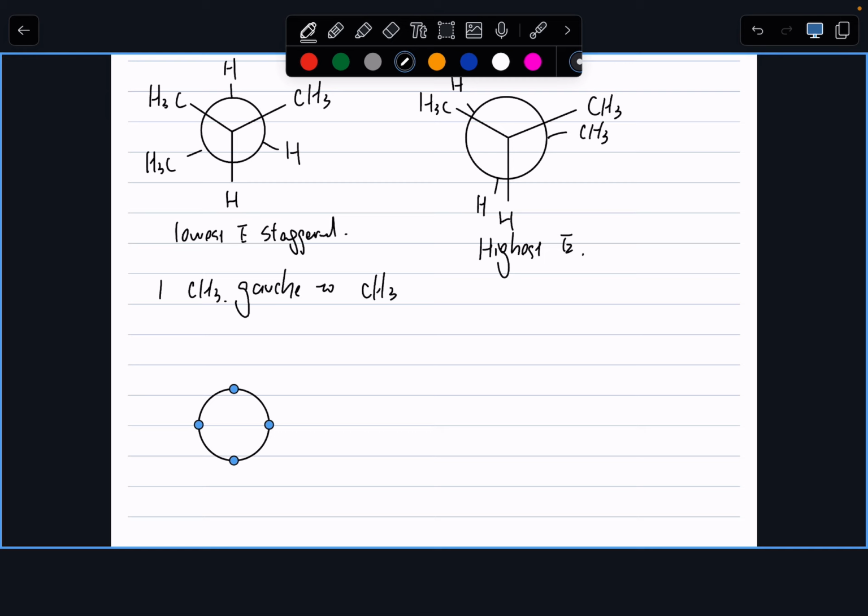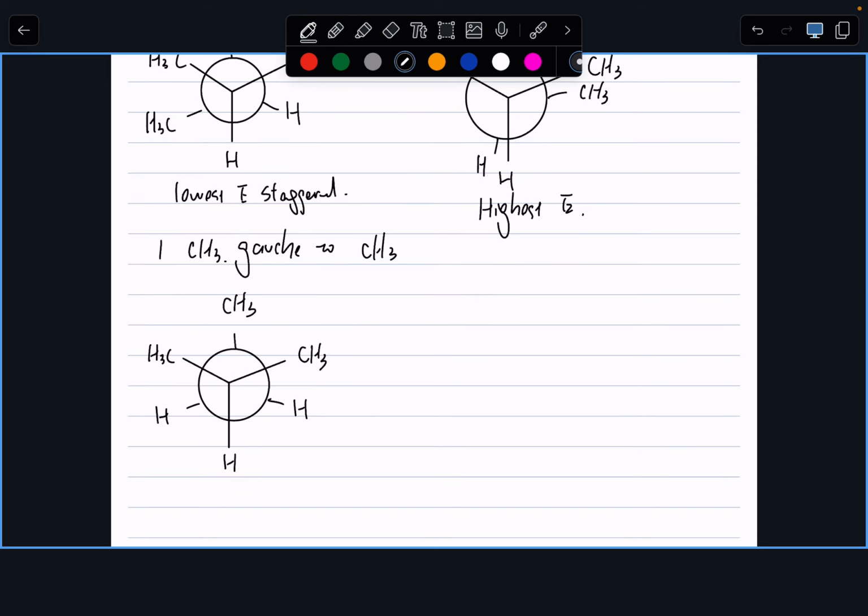It's staggered, but I have my methyl going to 2 different methyls. Right, so this is my second lowest.